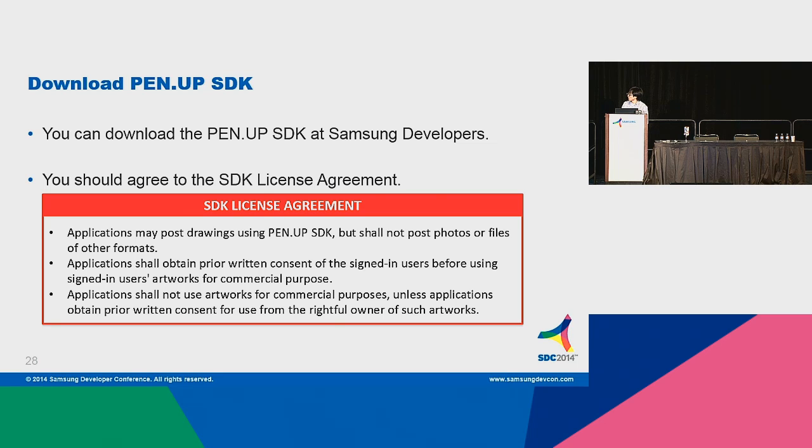Finally, applications shall not use artworks for commercial purposes unless applications obtain prior written consent for use from the rightful owner of such artworks. So for the commercial purpose, you should use only the current user's own artworks with the user's agreement, but you cannot use other users' artworks due to the copyright issue.